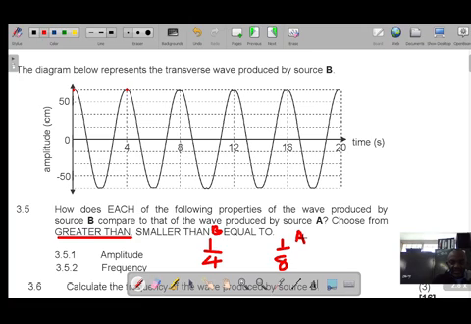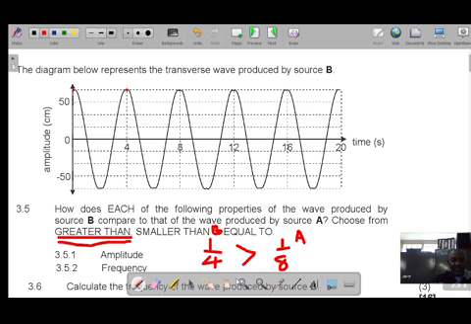In mathematics, the smaller the denominator, the higher the fraction. So I choose greater than. That's our answer there.